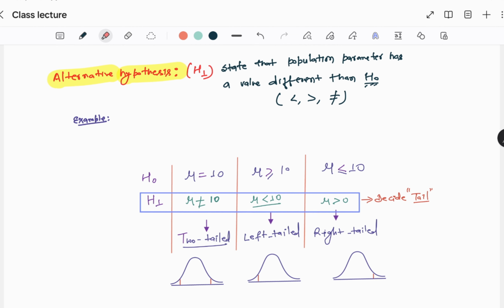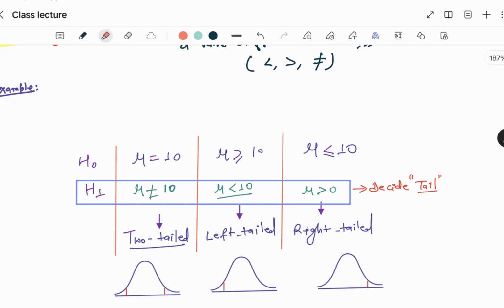What I mean to say is that if your null hypothesis says that the mean is equal to 10, then the alternative hypothesis will say it is not equal to 10. If the null says the mean is greater than or equal to 10, the alternative hypothesis will say that it is less than 10. If the null says less than 10, then the alternative will be opposite, greater than 10.